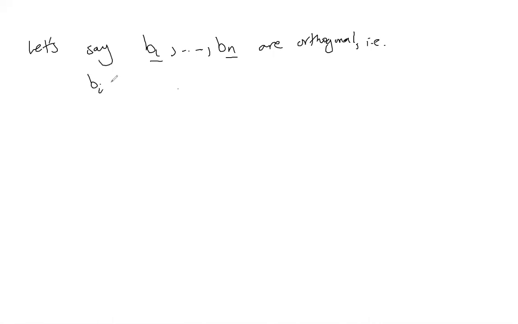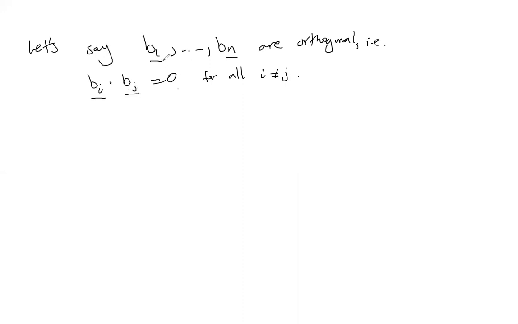So let's say B1 through Bn are orthogonal. What this means, remember, is that we say a set is orthogonal if each pair of vectors is orthogonal to each other. I.e., Bi dot Bj equals 0 for all i not equal to j. For all pairs of vectors here, they're all perpendicular to each other.